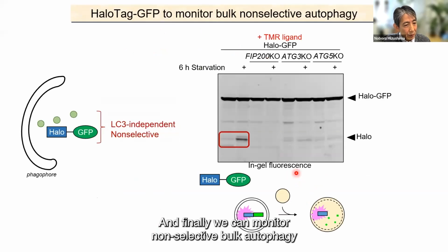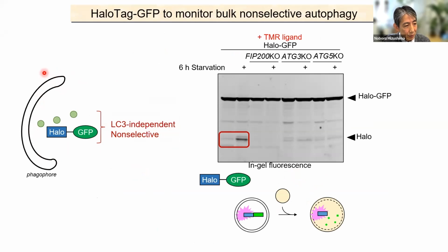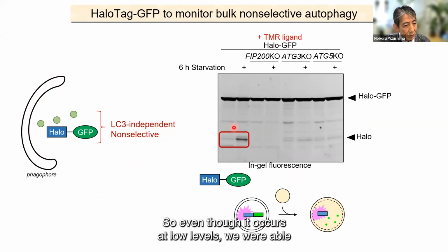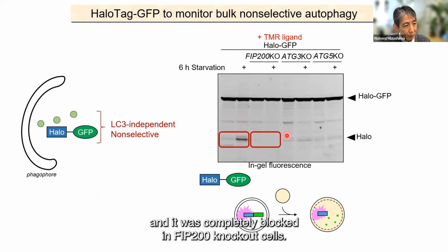And finally, we can monitor non-selective bulk autophagy using a Halo-GFP reporter, which is engulfed by autophagosomes only randomly. Even though it occurs at low levels, we were able to detect the Halo fragment during starvation in wild-type cells, and it was completely blocked in FIP200 knockout cells.